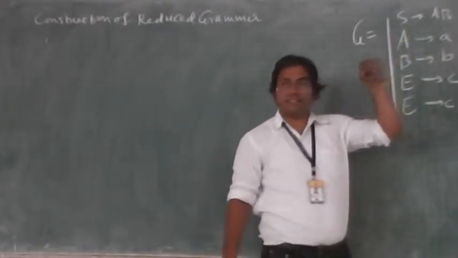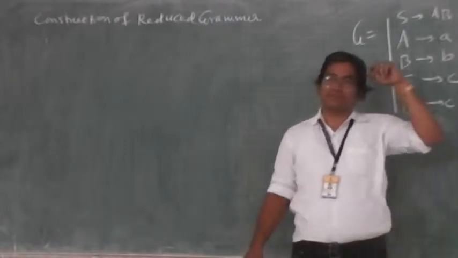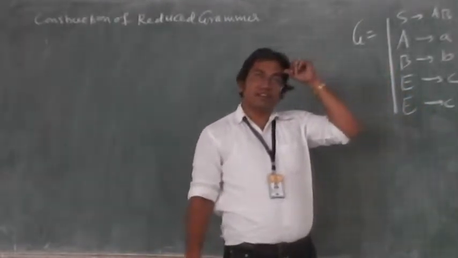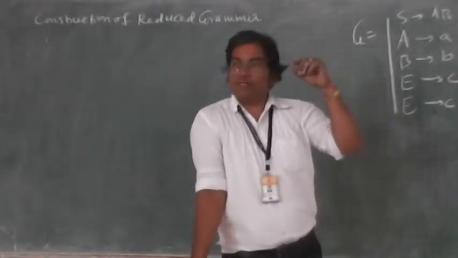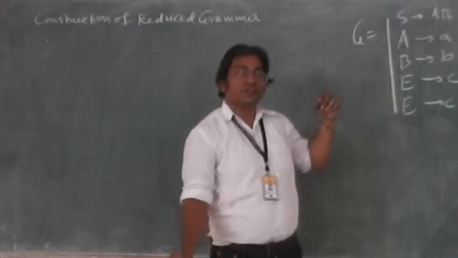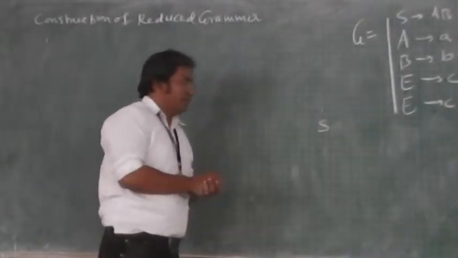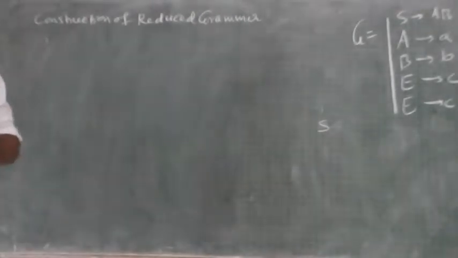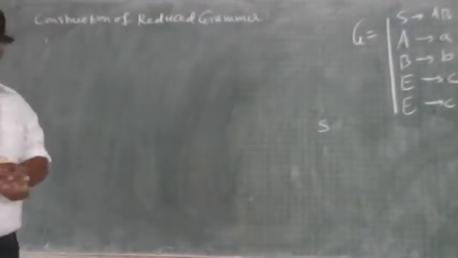Then what did I do next? Do you understand what I am saying? Here I am finding the method. I am making the method of reducing this grammar.